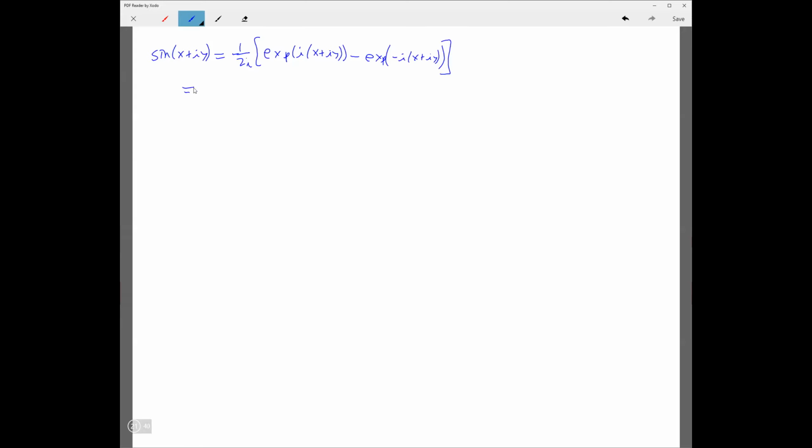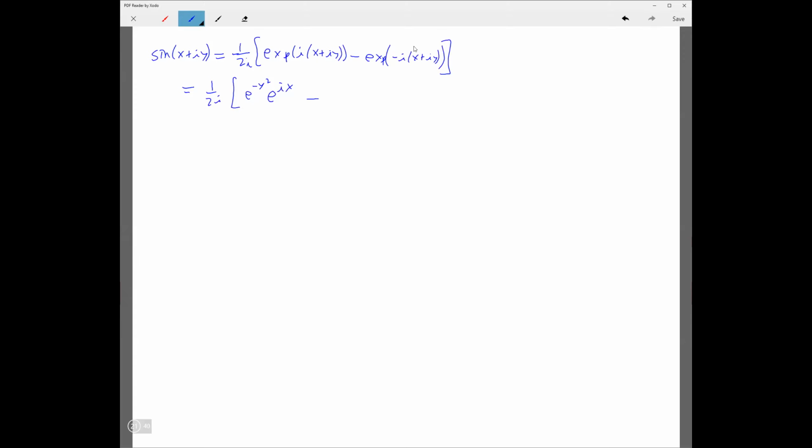Okay, so if we simplify this, here's what happens. So here we have exp. We can just go ahead and write that as e to the. If we distribute the i, we get negative y as the real part, and then the imaginary part will be e to the ix.